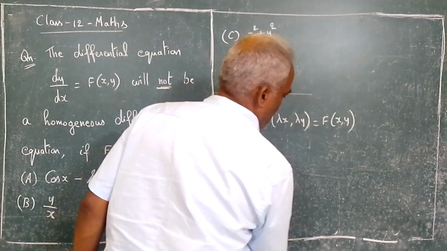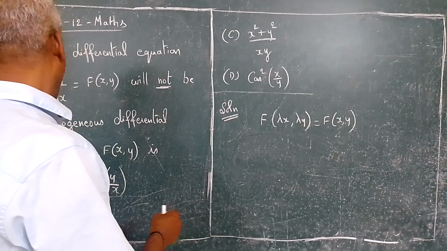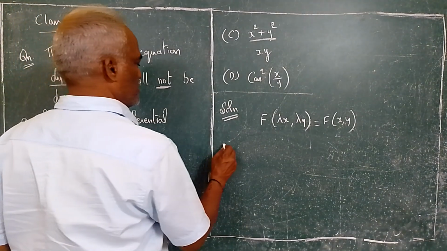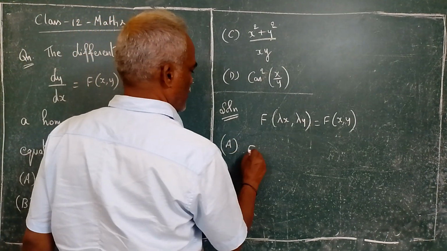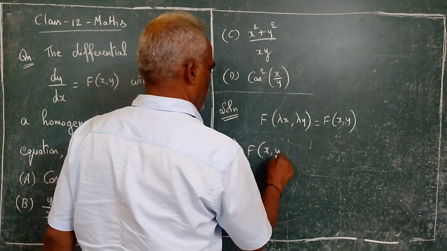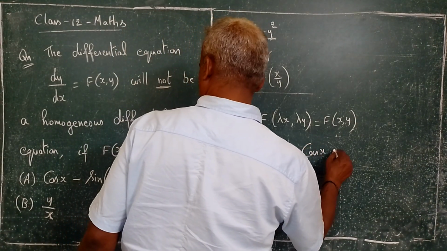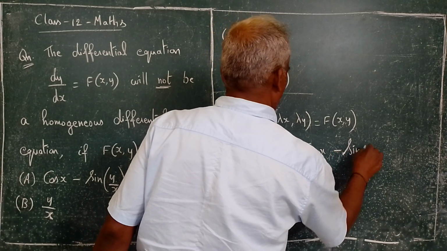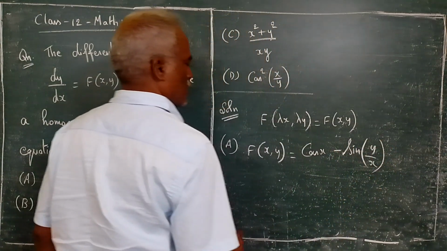Lastly, we come to option A. What is option A? Option A, f of x comma y is given as cos x minus sin y by x.